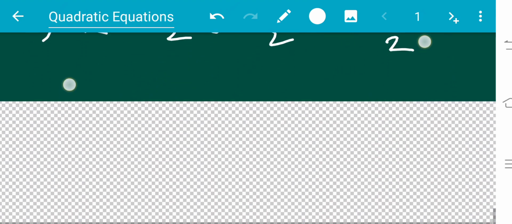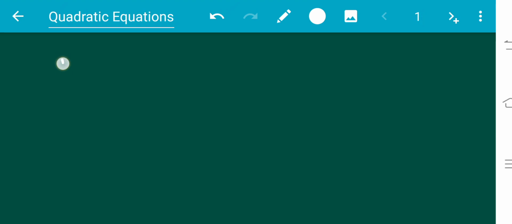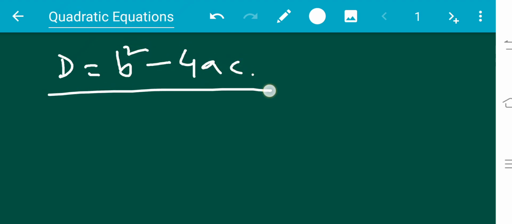Now as we have written, d is equal to b square minus 4ac. So this one helps us in determining the nature of the root of the quadratic equation. So what is the nature? So this is d.